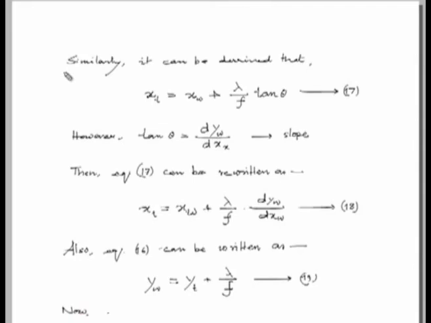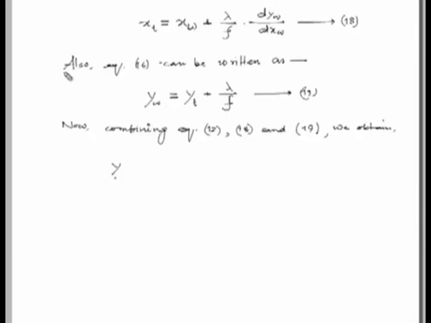Now, combining equation 12, 18 and 19, we obtain y t plus sigma by f equal to y w.